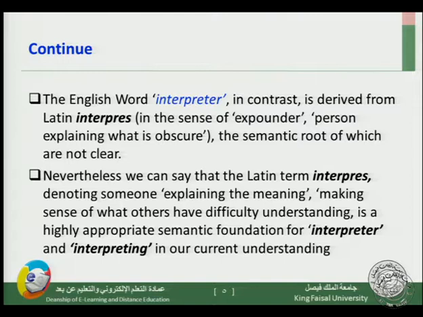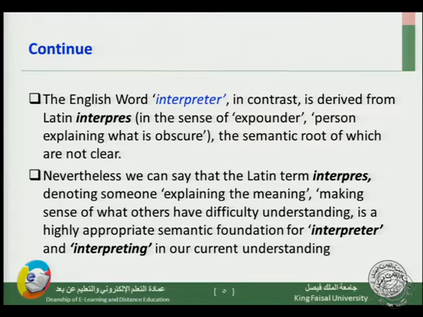This is one point about the origin of the word interpreter in English. It goes back to the Latin word interpres. What is the meaning of interpres? It means to expound, or the expounder, a person who explains things which are not clear or which are obscure.